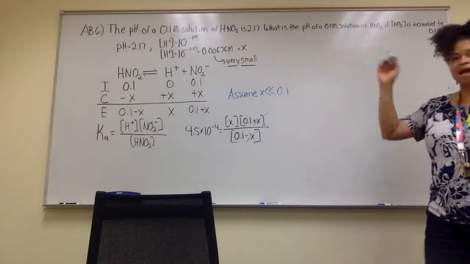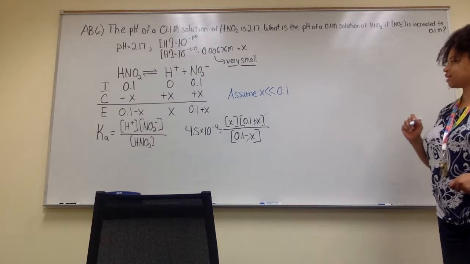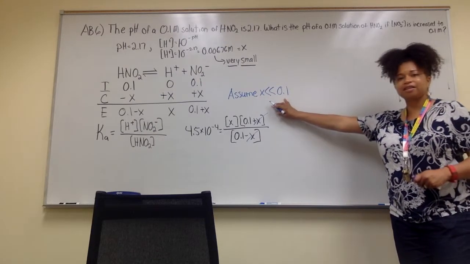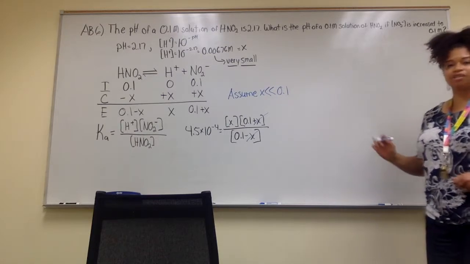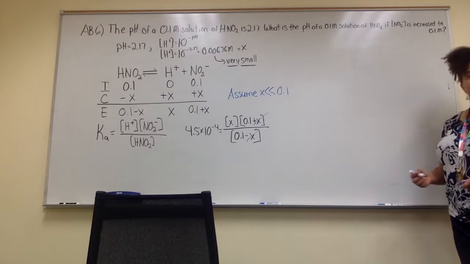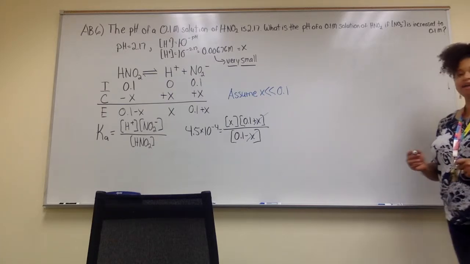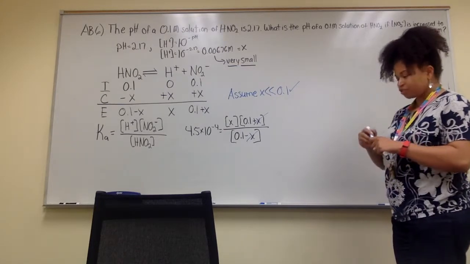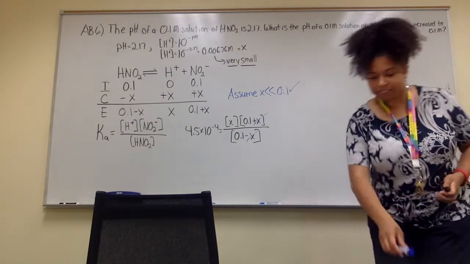Now we remember from a past problem that we calculated to verify that this approximation was valid. We found that the percent dissociation was 0.45%. Super small. We're going to say that it's still valid. This is going to be true once again. So since that is true, let's go on and keep solving.